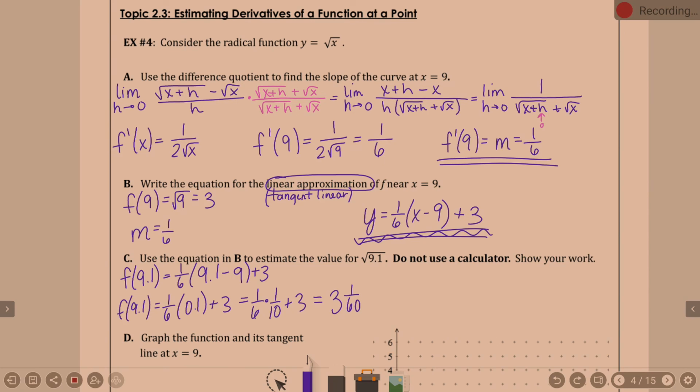Okay, I see what you're saying there, so I see where Doug's going with that. Again, I'd be happy with 3 and 1/60th.